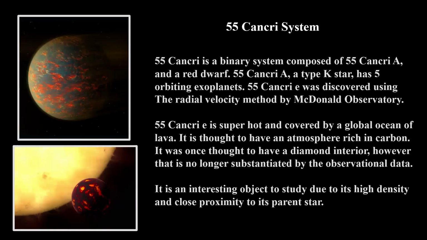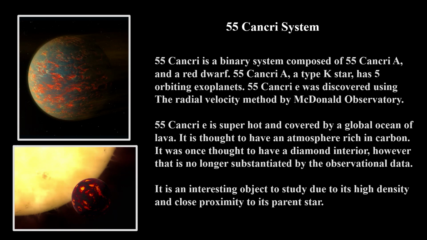The 55 Cancri system gives evidence that planetary systems similar to the solar system can exist. 55 Cancri is a type K star and a binary system with a red dwarf and has 5 orbiting exoplanets. One of these planets, the super-Earth 55 Cancri E, has a molten surface of lava, and like the moon and Earth, it is probably tidally locked with 55 Cancri.